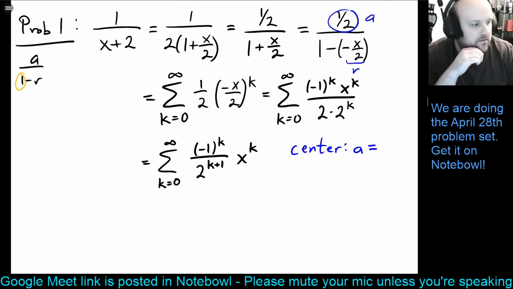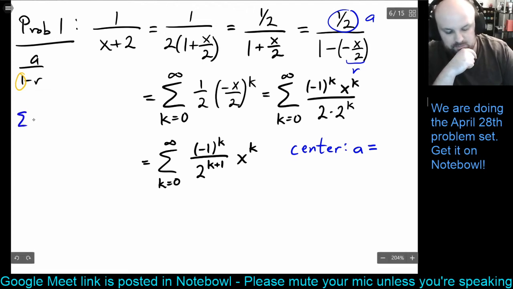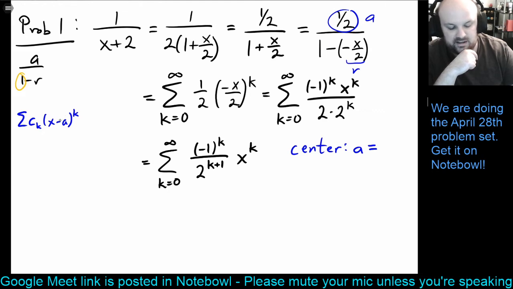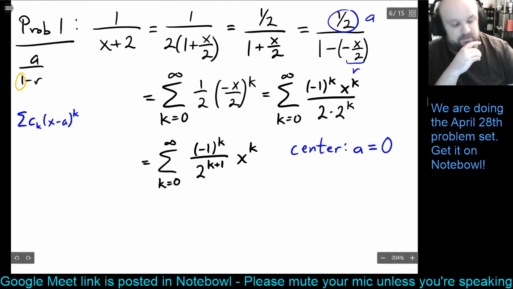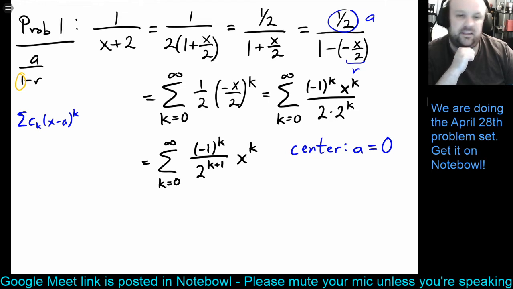Is it x? It's not x itself. Remember, a power series comes in the form c_k (x minus a)^k. So it's this number that's inside the kth power with x. In this case, the center should be 0, because this is like x minus 0 to the kth power.